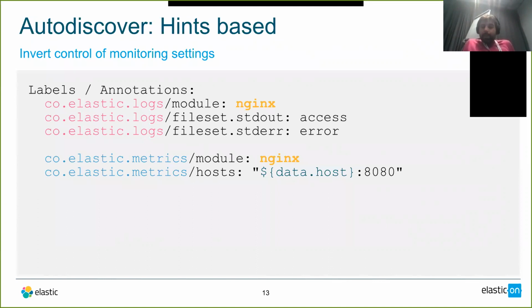Similar with metrics: if you are running Metricbeat with hints-based autodiscover, we are telling it to use the Nginx module and attach to this container through this variable expansion that you can still do. So that's everything that you need to get a module working, pointing to your container. No need to update configuration files or so on. If you want to change these settings, you just update the label and everything is handled for you.